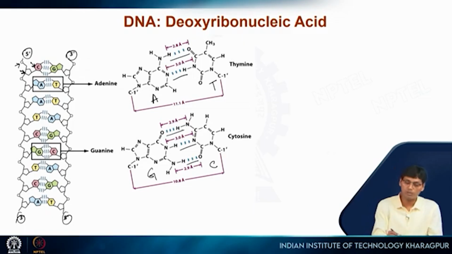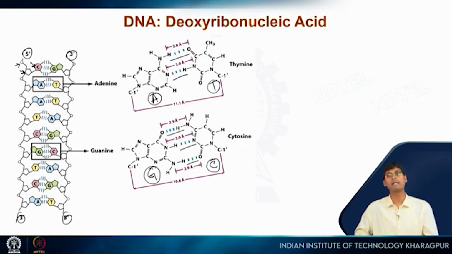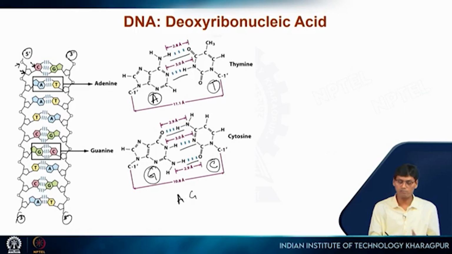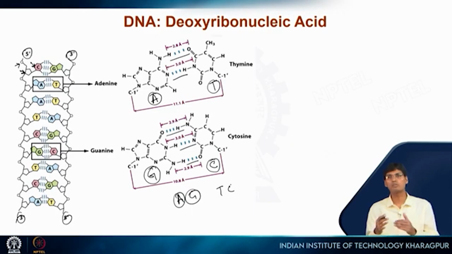So one is big and one is small: adenine is big and thymine is small. Similarly, guanine is big and cytosine is small. If A and G were together, for example, the width would be more, since both are much bigger, and similarly T and C, both would be much smaller. So there would also be a problem in hydrogen bonding.